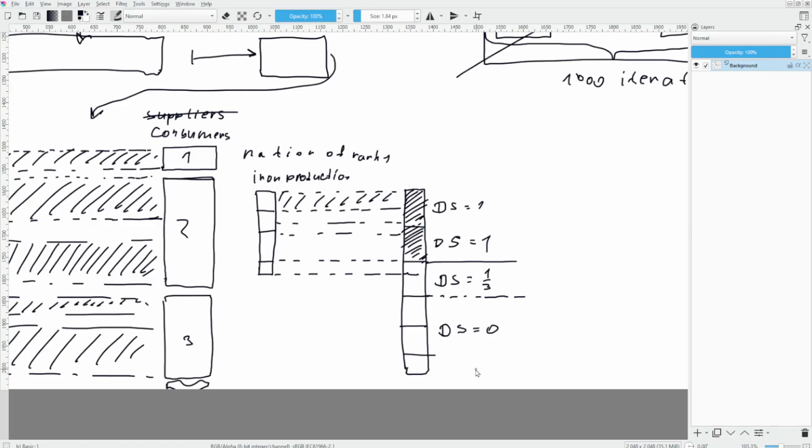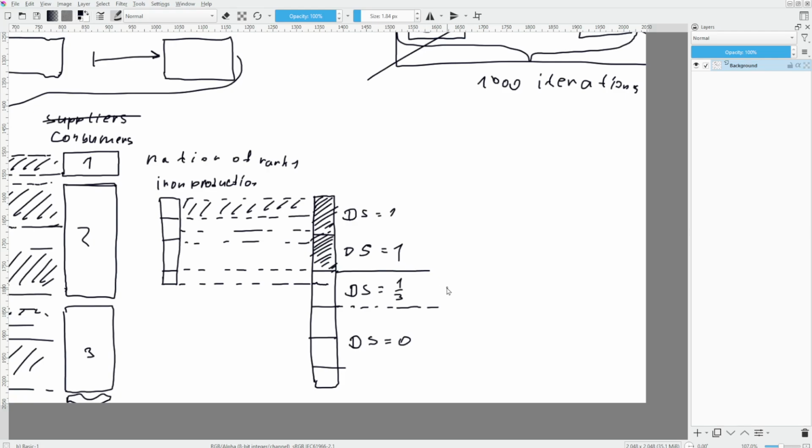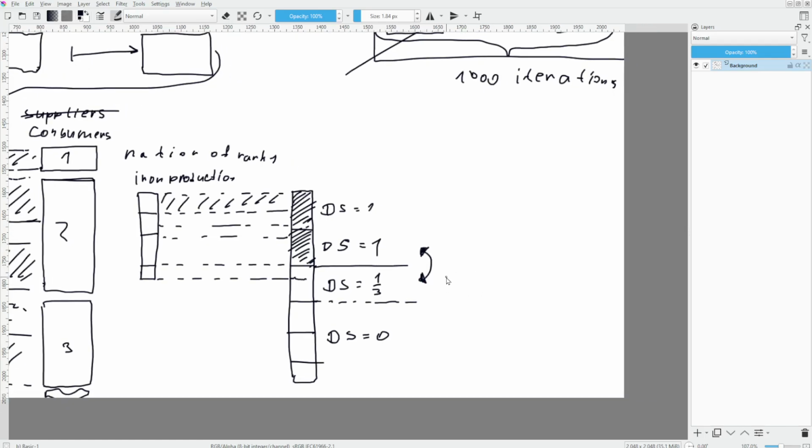And rank is a discrete thing, as we all know. For example, if these two nations switch their places, they immediately switch their demand satisfaction, sometimes in a really significant way. It introduces a lot of instability into the system.